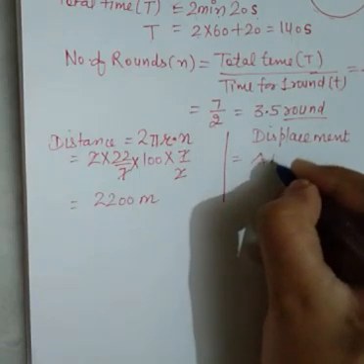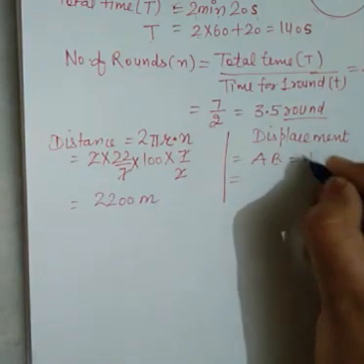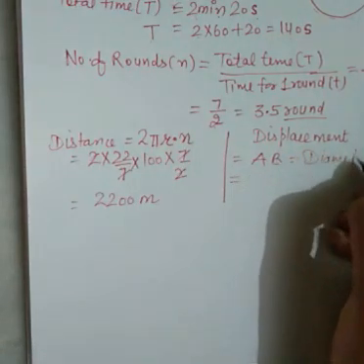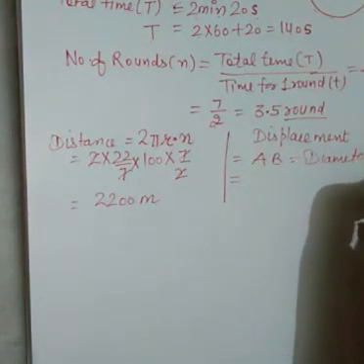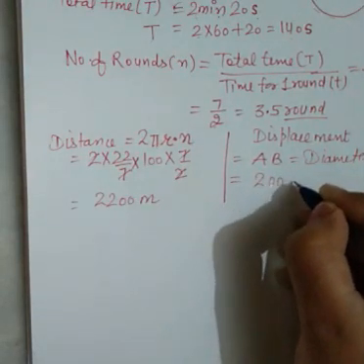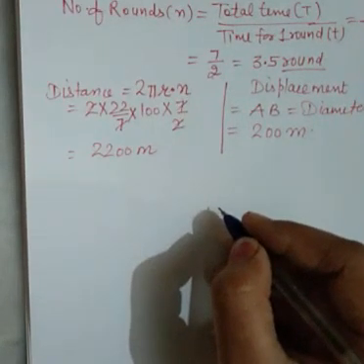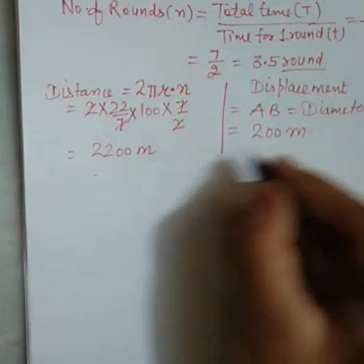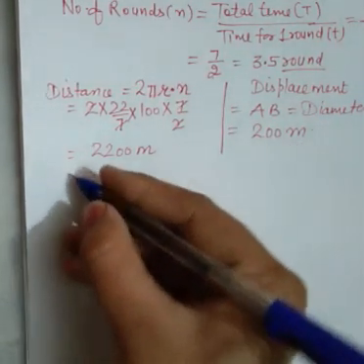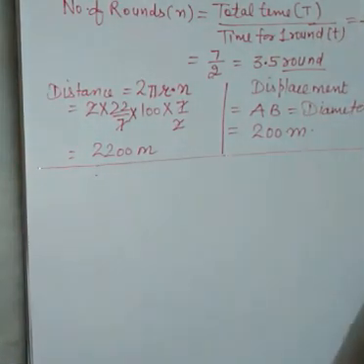Displacement is AB, and AB is equal to the diameter of the circle, which is given to us, its value is 200 meter. So students, you have found out the value of distance and displacement both. It is NCERT exercise question number 1.